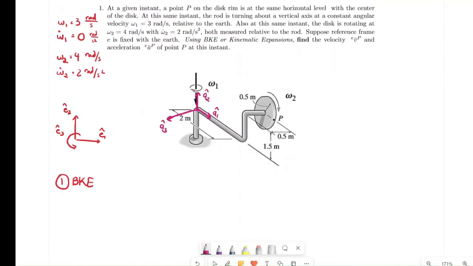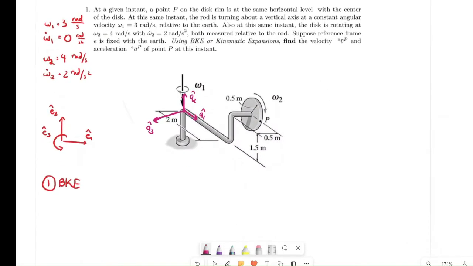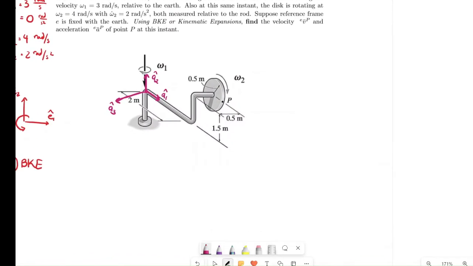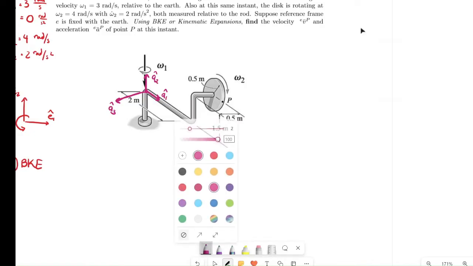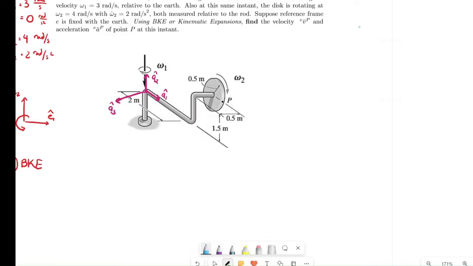And then we also want another frame for the disk, so I'm going to use a different color for that. We probably want to center it here because that's just an easier location to pick. A trick is always to have one of the unit vectors pointing to the point of interest.